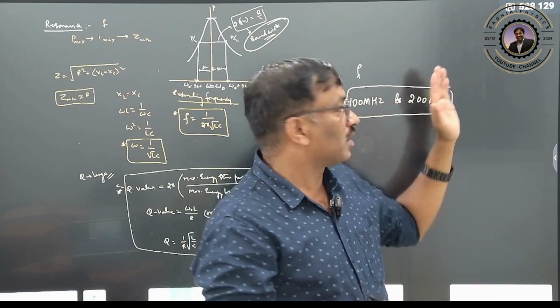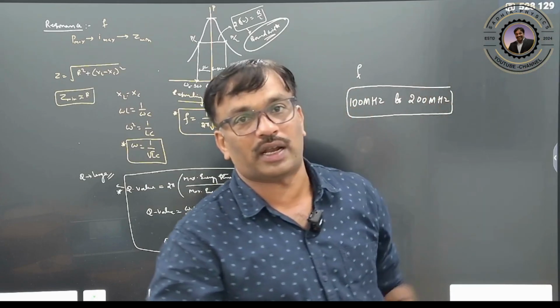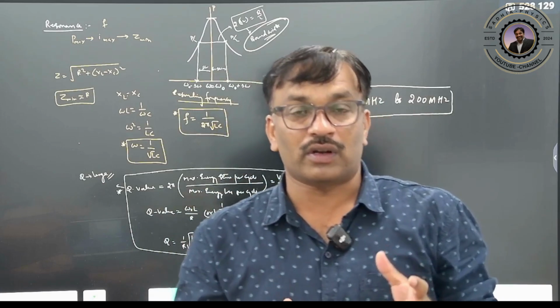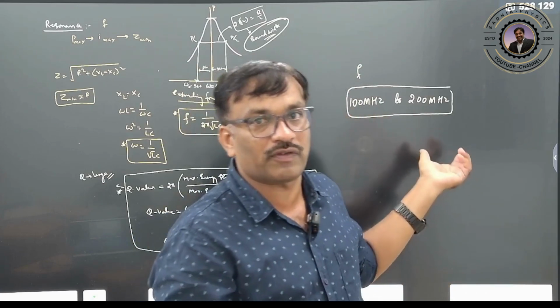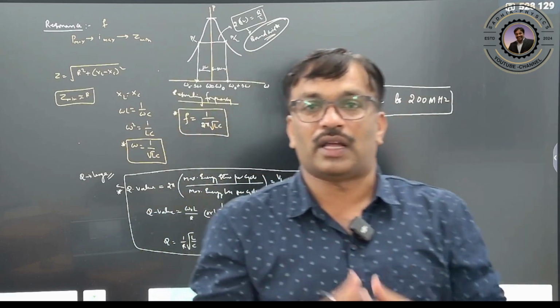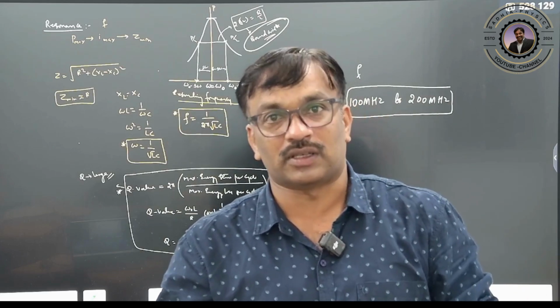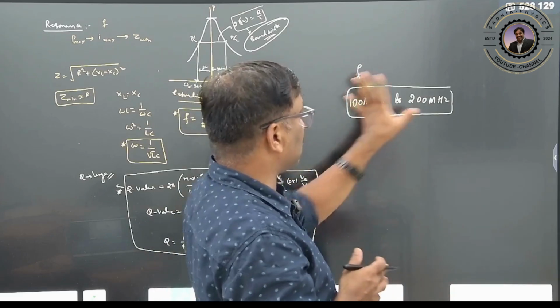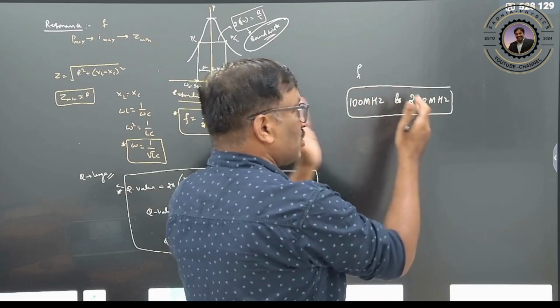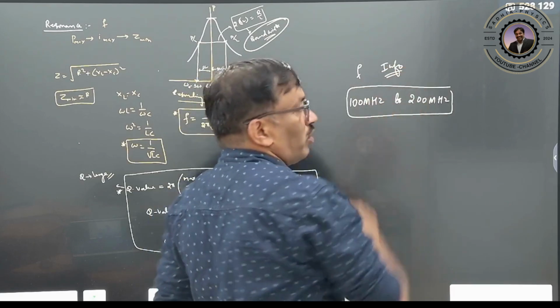Why? Because some other channel will have some other frequency range, like 200 to 300. If you telecast outside your range, it will mix with the other channel, interference will take place, and further propagation will not take place. So you have to telecast your information within the allotted range only.